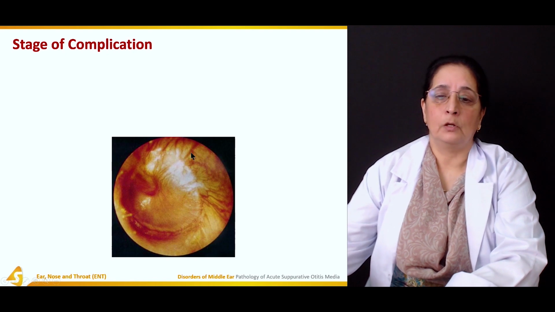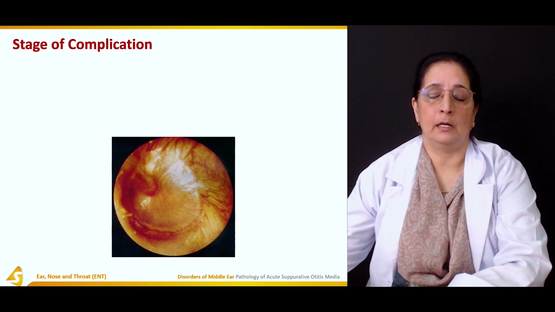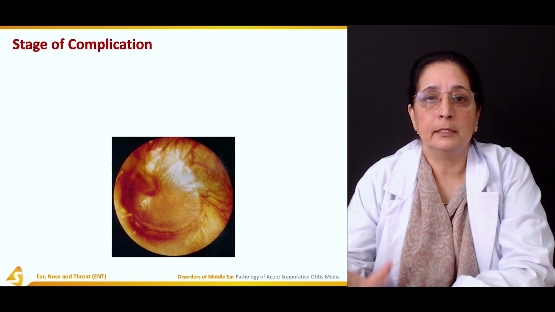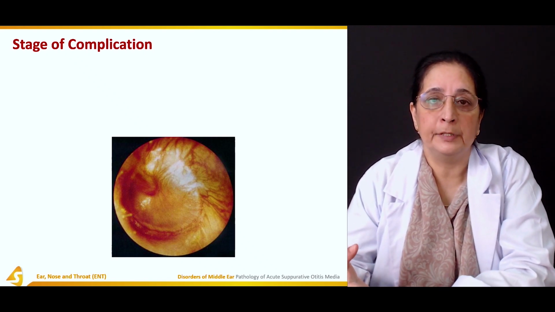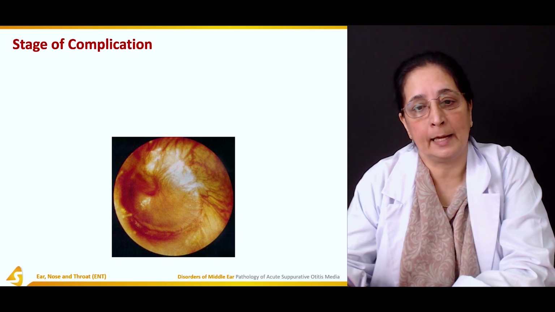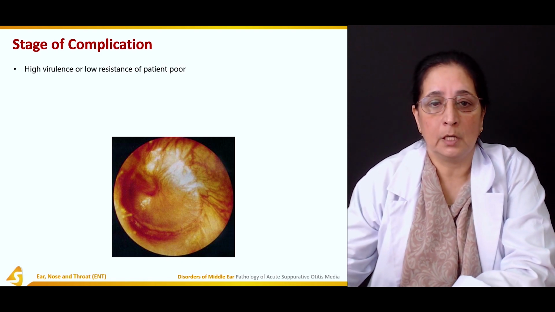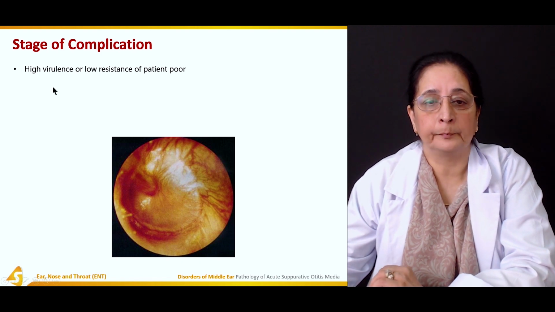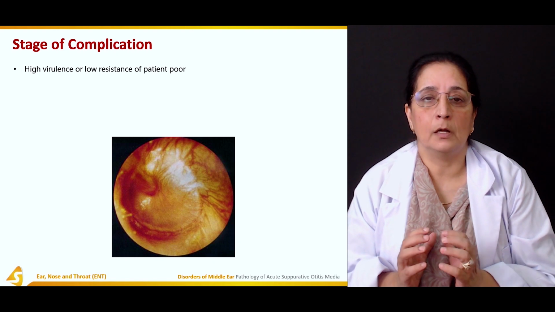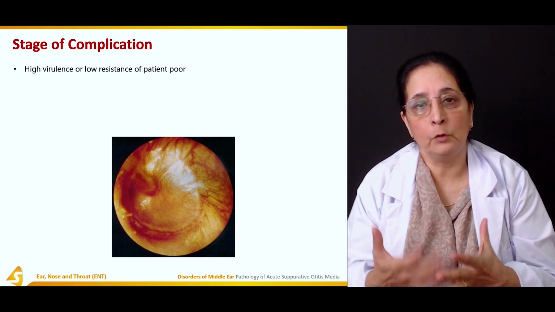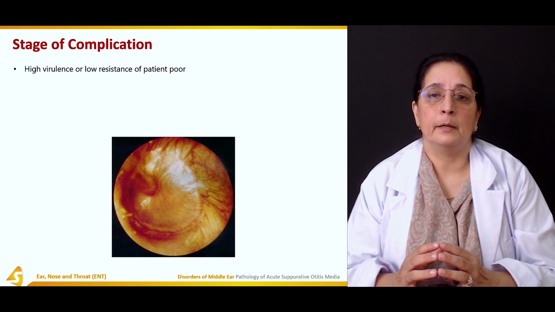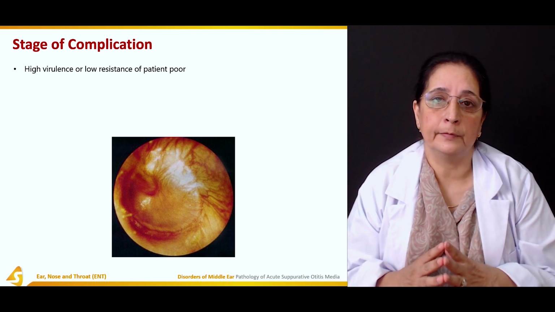Now some complications occur as a result of suppuration, as a result of perforation of the tympanic membrane. There are some complications that can occur, and the complications basically depend on how virulent the causative organism was and how poor the resistance of the patient was.